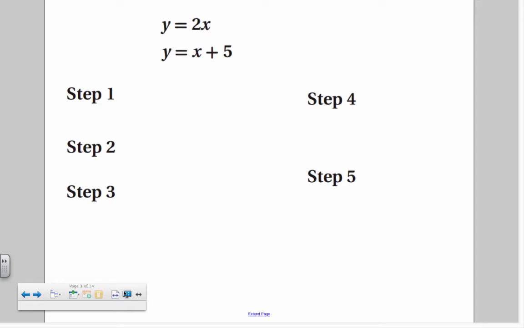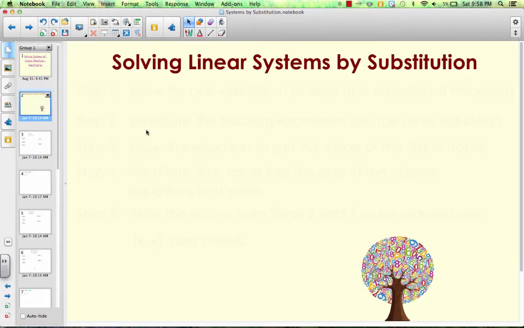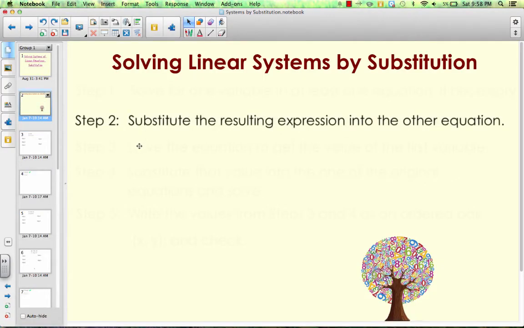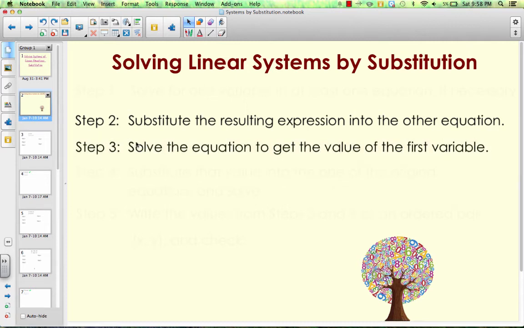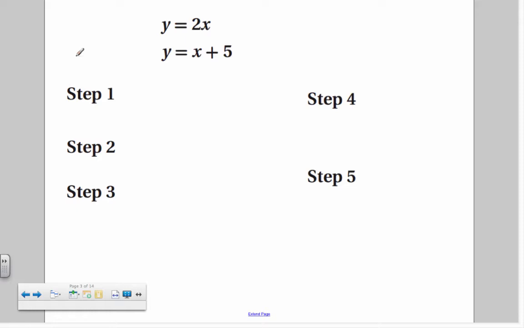Step 1 has been complete. So since step 1 is complete, we can now move on to step 2.